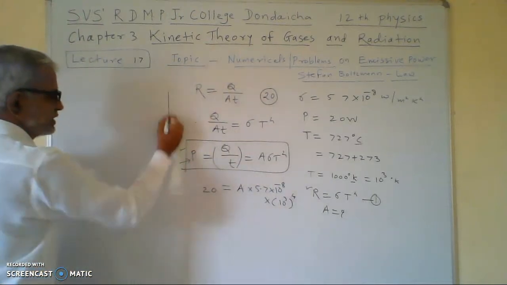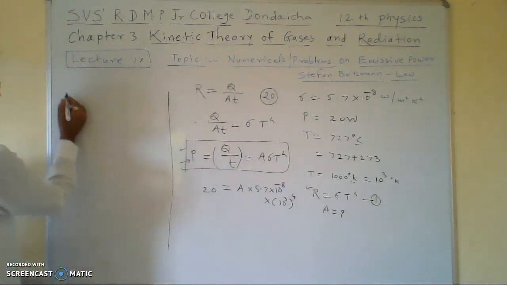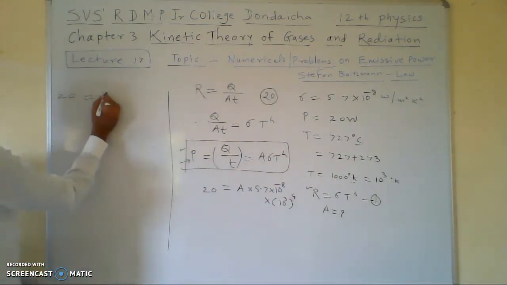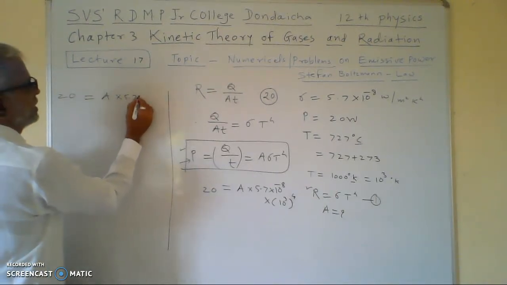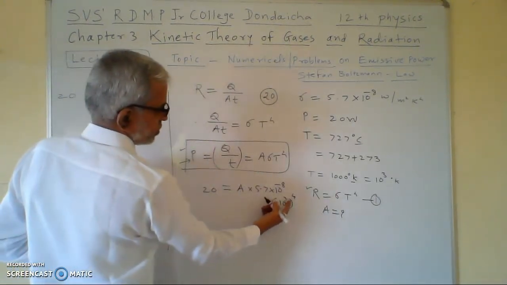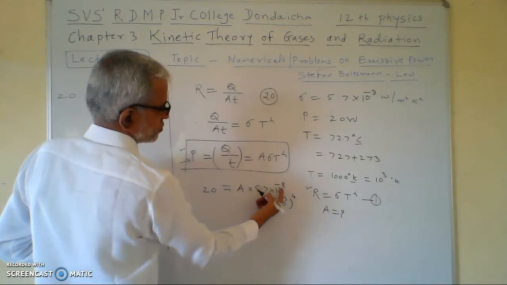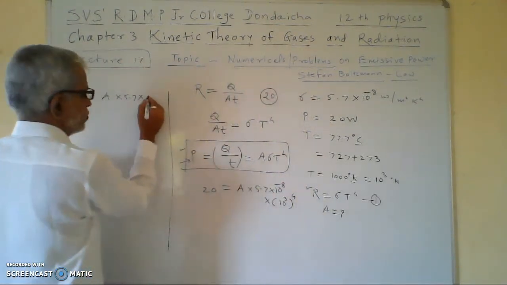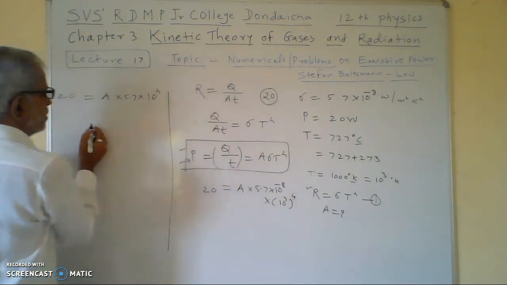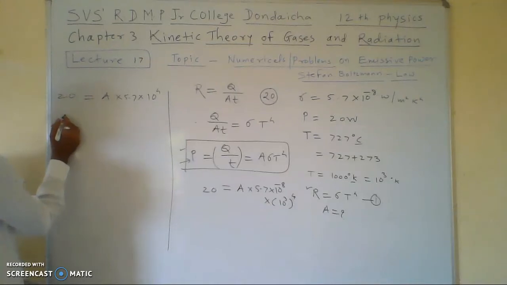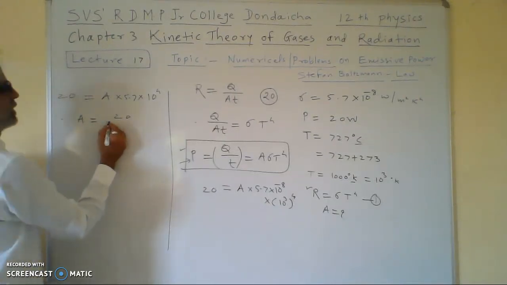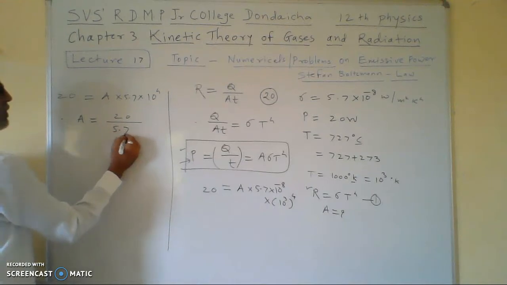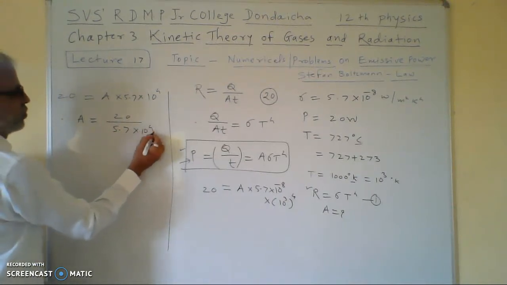Now let us find what is A. So 20 equal to A multiplied by 5.7 into 10 raised to 12, and 10 raised to minus 8 will be 10 raised to 4. Therefore A equal to 20 divided by 5.7 into 10 raised to 4.